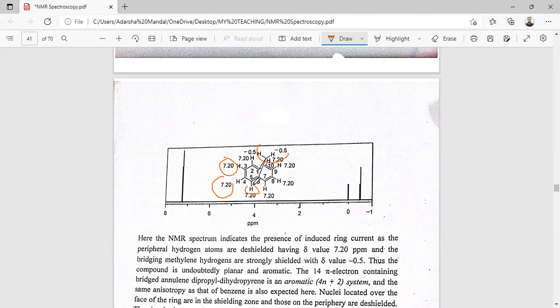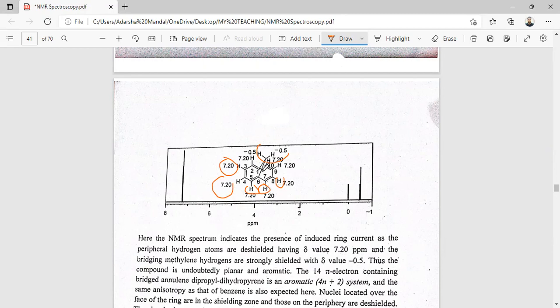So these hydrogens are in the deshielded zone due to the ring current of the aromatic ring. This gives the value 7.20, and this methylene group is the bridge. Here these hydrogen atoms are on the upper side of the plane of the molecule.